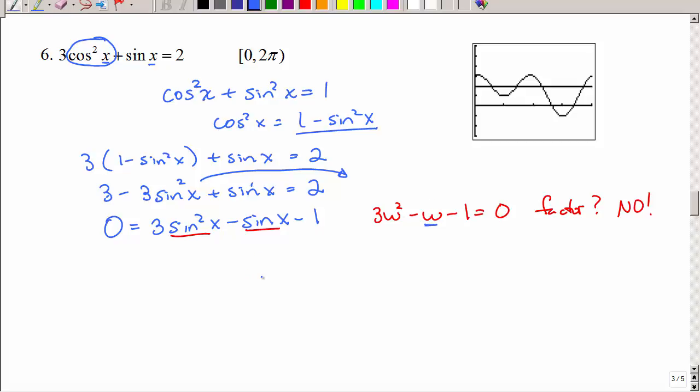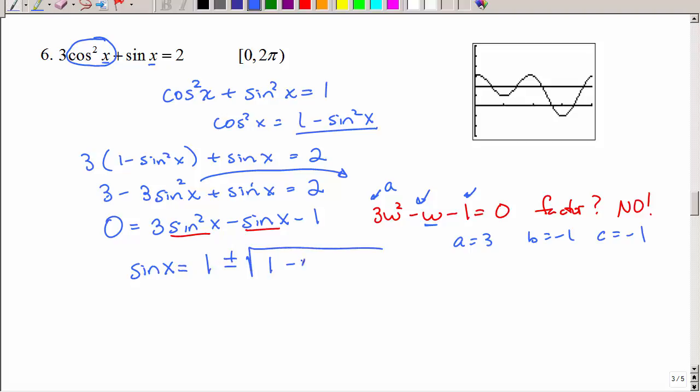And what does my w stand for? The sine of x. Now my a, b, and c, that's good. So a is 3, b is negative 1, and c is negative 1. So remember, it's negative b plus or minus the square root b squared minus 4ac all divided by 2a.